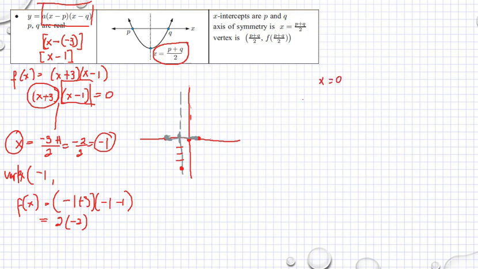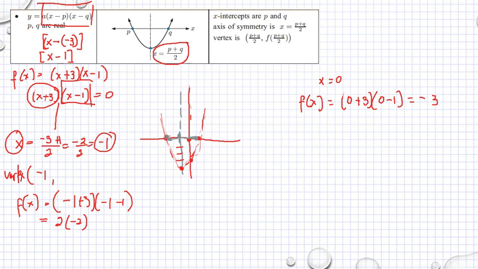So f of x is equal to, when x is 0, then I have 0 plus 3, and then 0 minus 1, which is negative 3. So it's here, 1, 2, 3, negative 3. So I can sketch this.